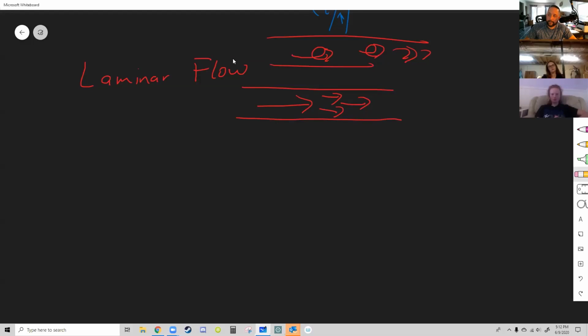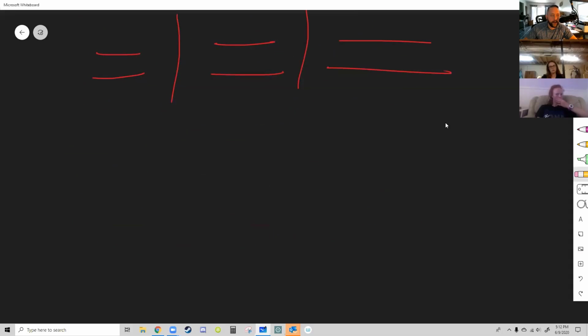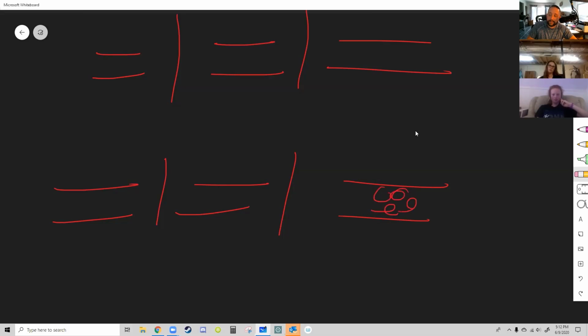Inside of your vessels, you've got smooth muscle and a real smooth inner lining where blood cells like to glide over. If you have any kind of defect in your heart valve, those red blood cells like to swirl around in there and sometimes cause a clot.